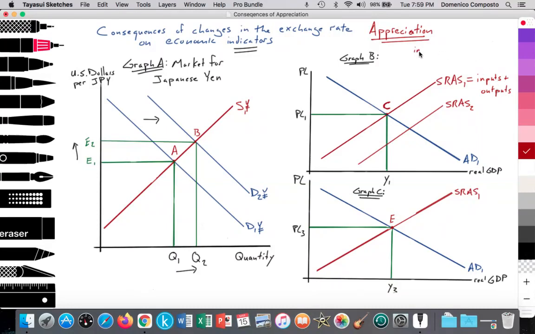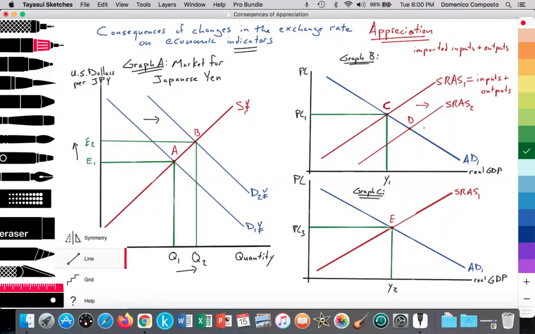All right, let me stress that: more imported inputs and outputs. Thus, the short-run aggregate supply curve increases from SRAS 1 to SRAS 2. It thus establishes a new equilibrium at point D, where we see it reduces inflationary pressure on the Japanese economy.